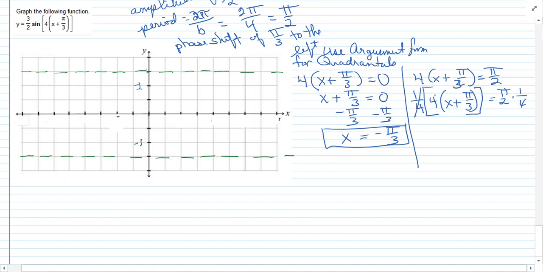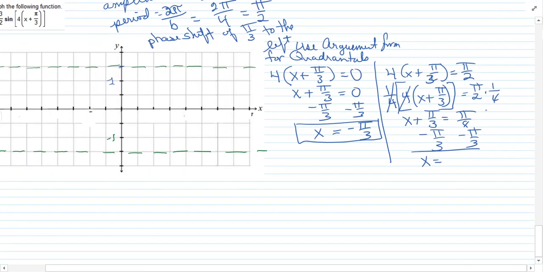So these cancel. So I have x plus pi thirds equal to pi eighths. All right. Sorry about that. So then I'm going to subtract pi thirds, and I need a common denominator of 24.